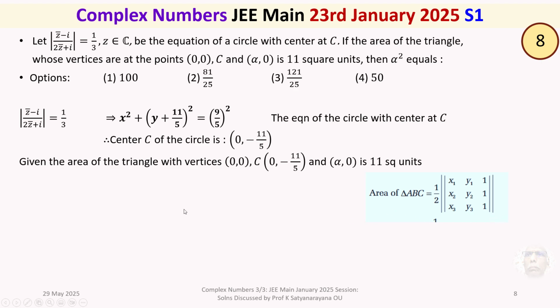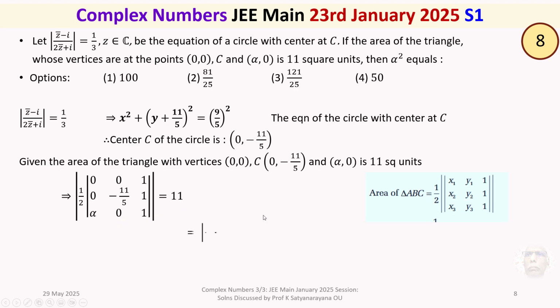So this will be equal to modulus of 1 by 2 into the determinant of first vertex 0, 0, 1, second vertex 0, minus 11 by 5, 1, third vertex alpha, 0, 1, is equal to 11.